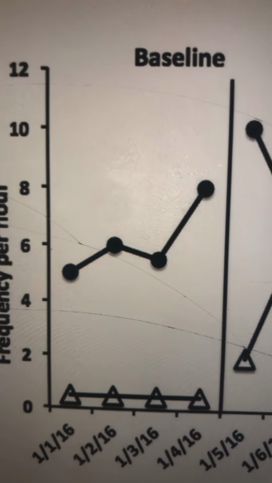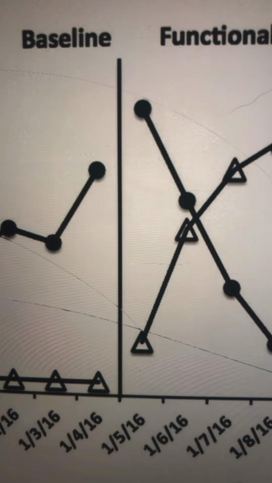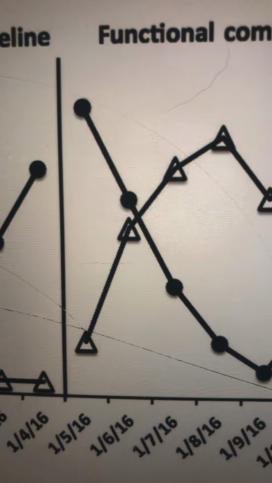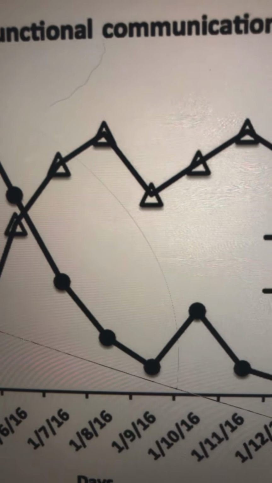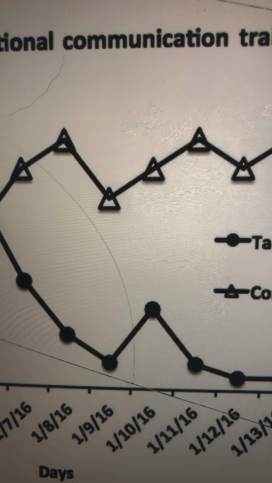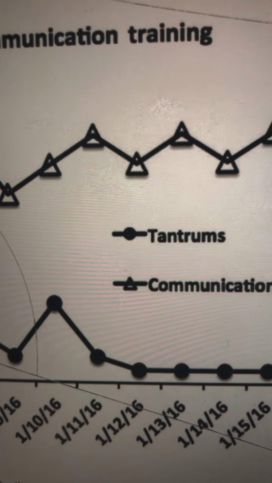Data should be graphed frequently so that the team can analyze the learner's progress and make decisions about the behavior reduction or skill acquisition program and if it should be adjusted. This graph includes challenging behavior data from tantrums, as well as a communication graph.